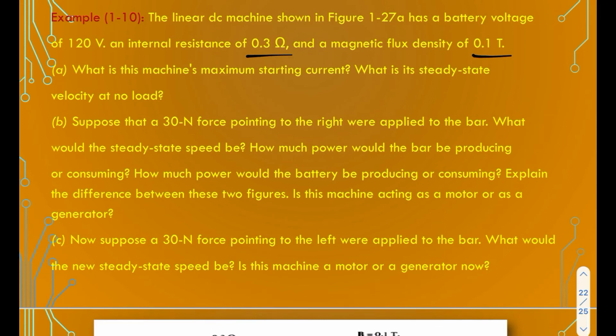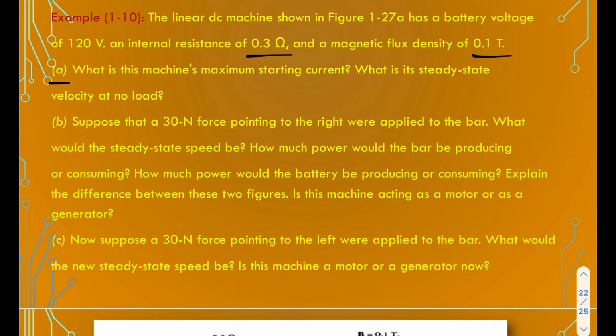A: What is the machine's maximum starting current? What is its steady state velocity at no load?